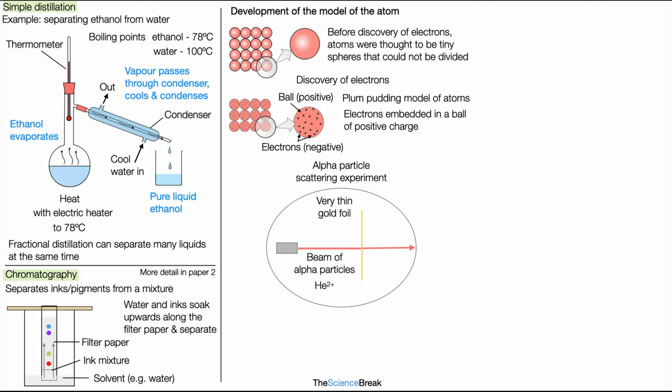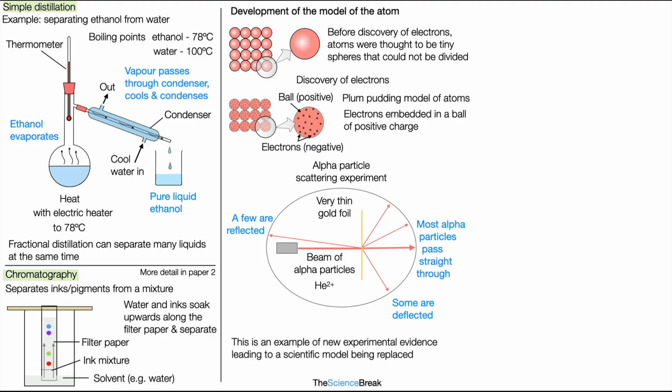And we found from this experiment that most alpha particles pass straight through the very thin gold foil. Some are deflected in different areas, in different regions, and a small proportion are reflected straight back. This is an example of new experimental evidence leading to a scientific model being replaced. The plum pudding model was replaced.